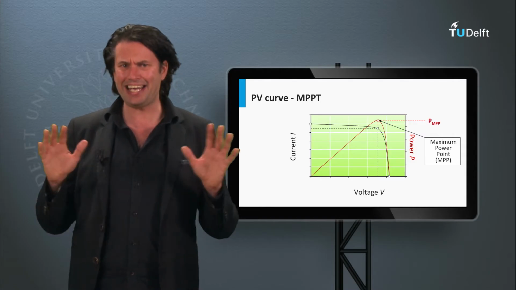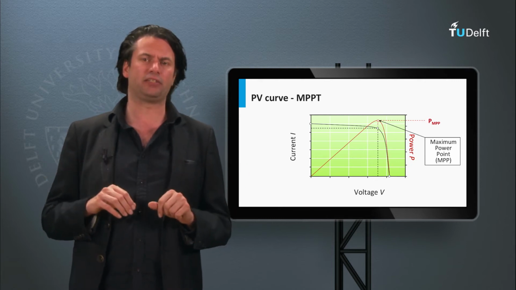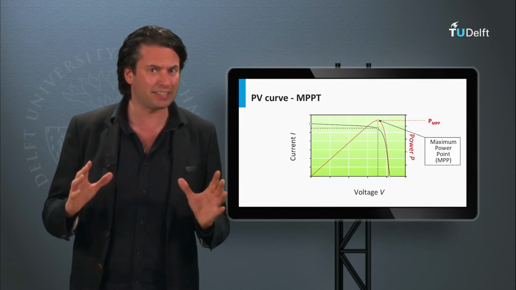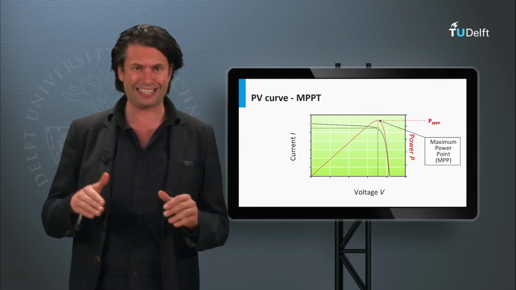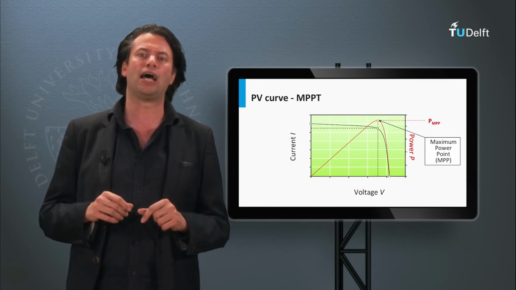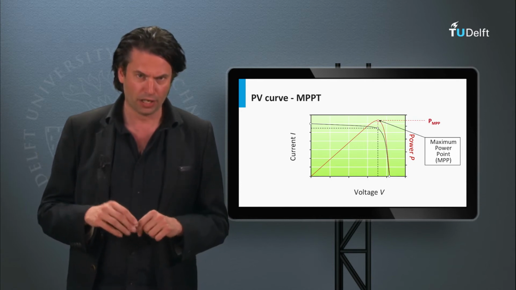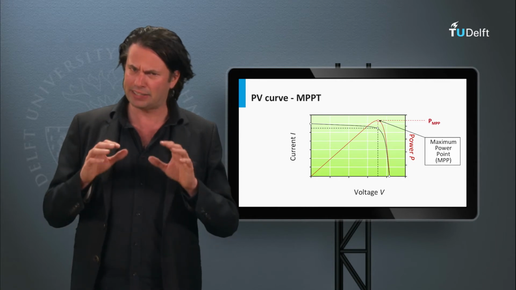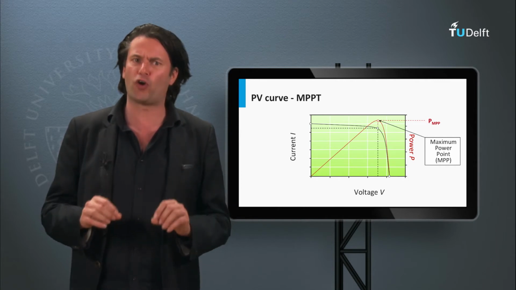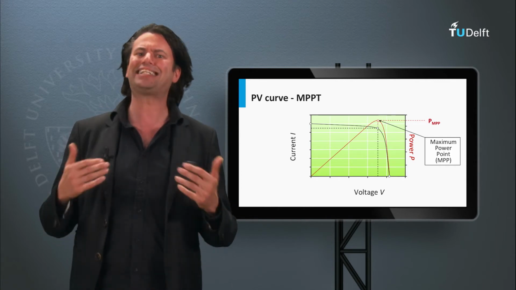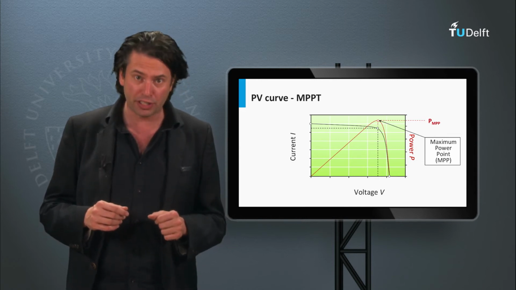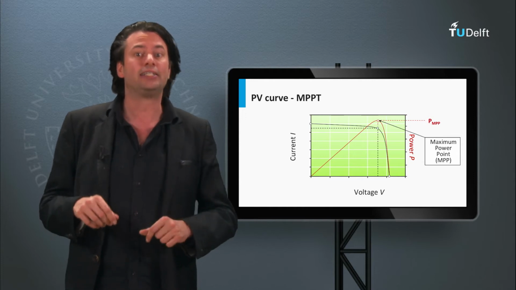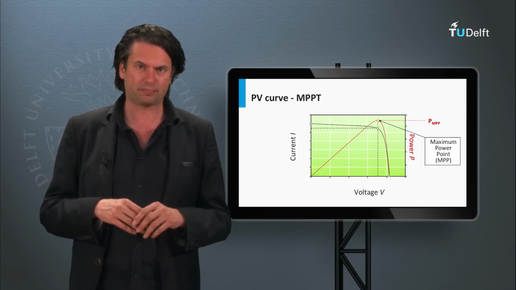Now, without any external electrical manipulation, the PV module's operating point is largely dictated by the electrical load seen by the PV module at its output. To get maximum power delivered by the PV module, it's therefore imperative to force the module to operate at the operating point corresponding to the maximum power, or as it's generally called, the maximum power point.